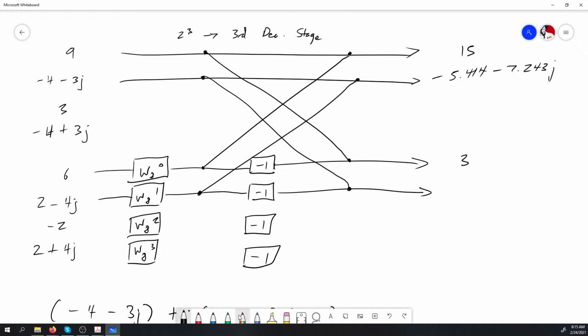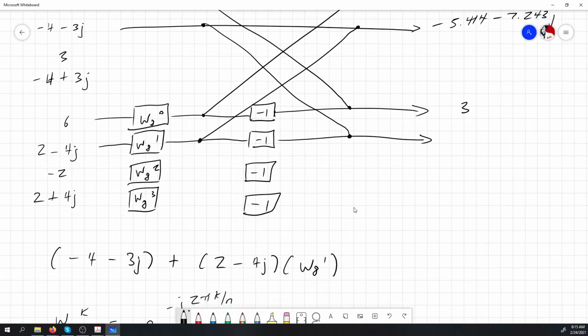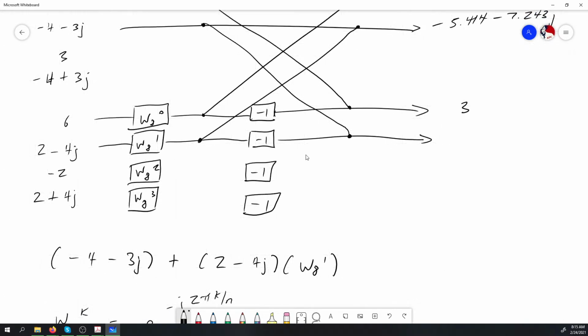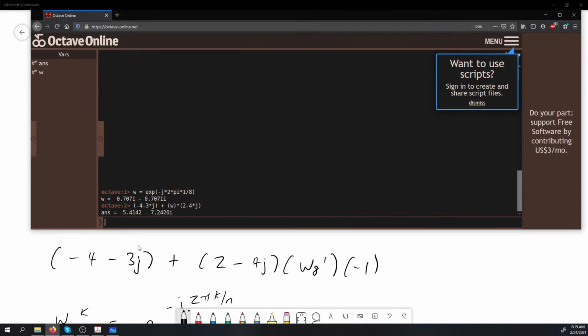And then similarly, because we're doing the other half of this butterfly here, that means when you're trying to calculate for the next half here, you're going to have a minus 1 factored in for the calculation. So you can just go back here into Octave and go up 1 to pull back up the calculations and just multiply by minus 1 here, and you can get the other half of the butterfly calculated out for you immediately.